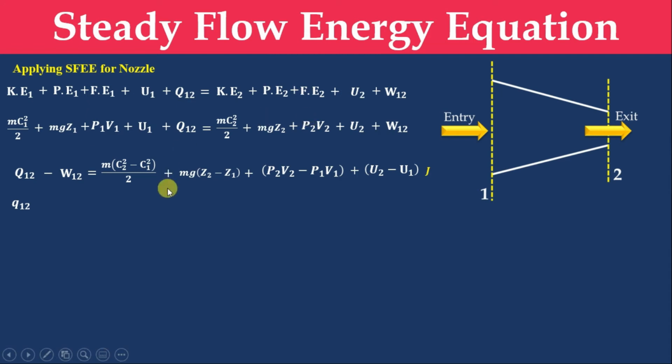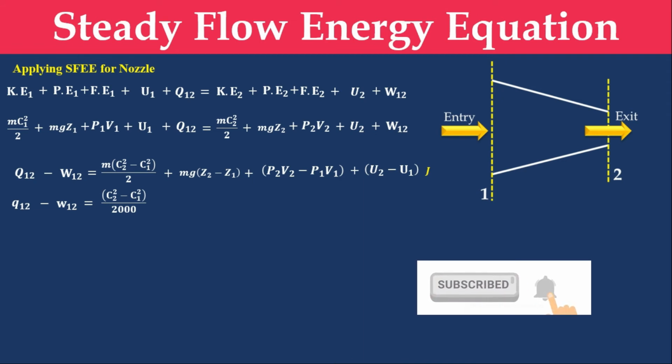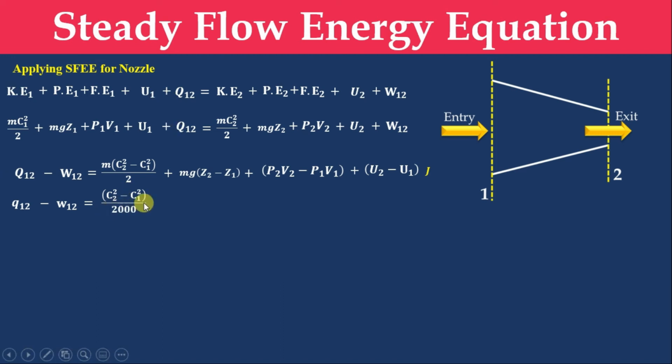So per unit mass we are taking, that's why capital Q becomes small q1-2 minus small w1-2 is equal to, removing the mass, c2 squared minus c1 squared divided by 2, and because it's in kilojoule per kg, we divide by 1000 to make it kilojoule, plus g times z2 minus z1 divided by 1000.